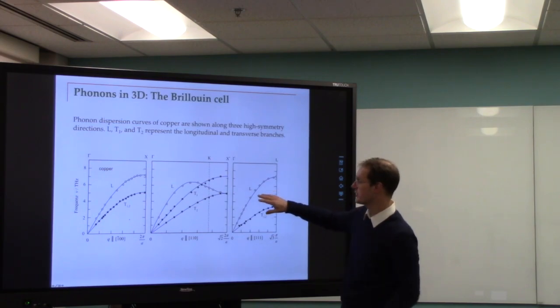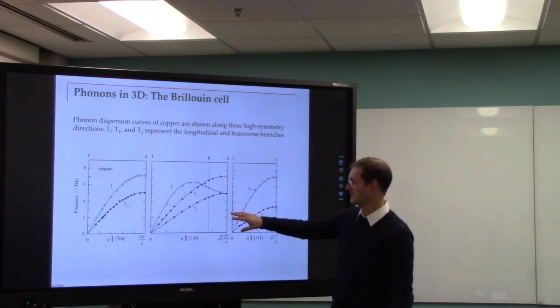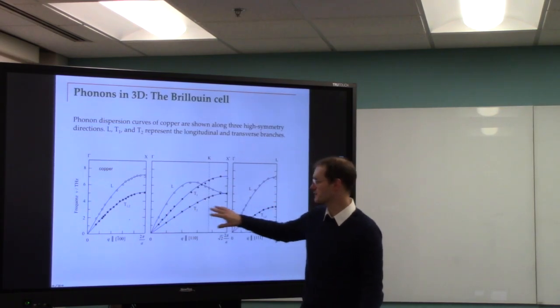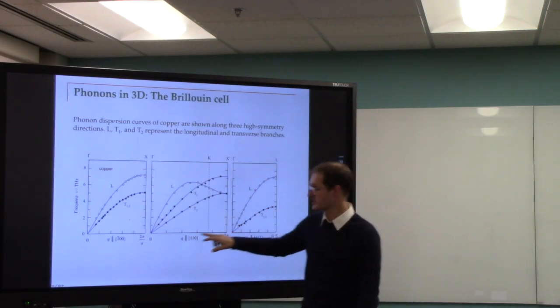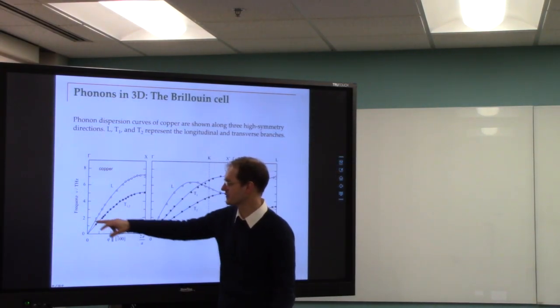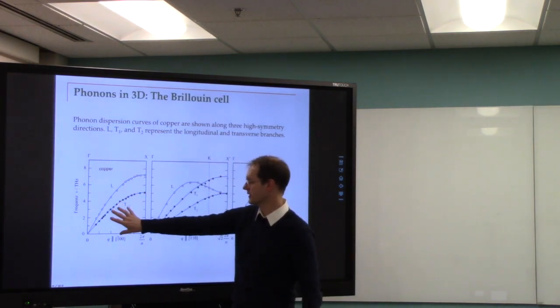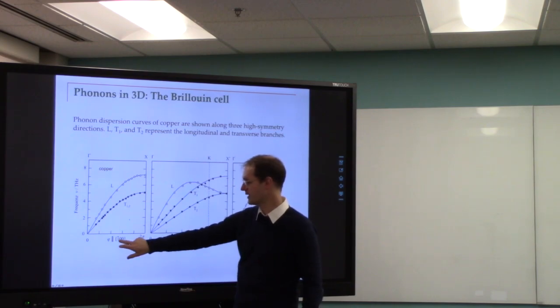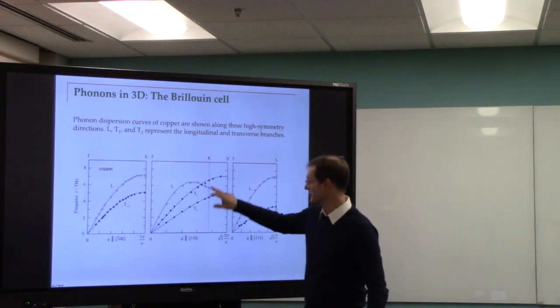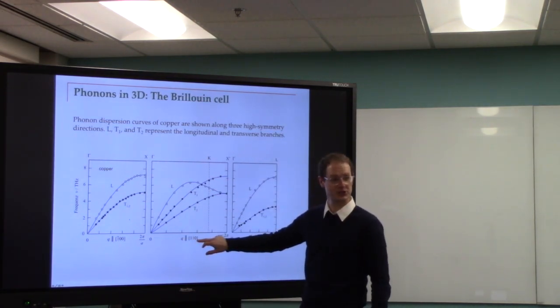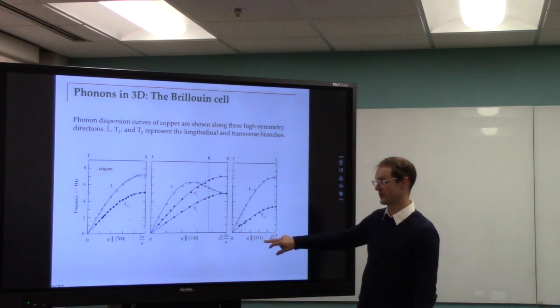So for example, here are shown the dispersion curves for copper, with wave vector on the x-axis and frequency on the y-axis. You can see what the dispersion curves look like through the 1, 0, 0 direction, here's the 1, 1, 0 direction, and here's the 1, 1, 1 direction.